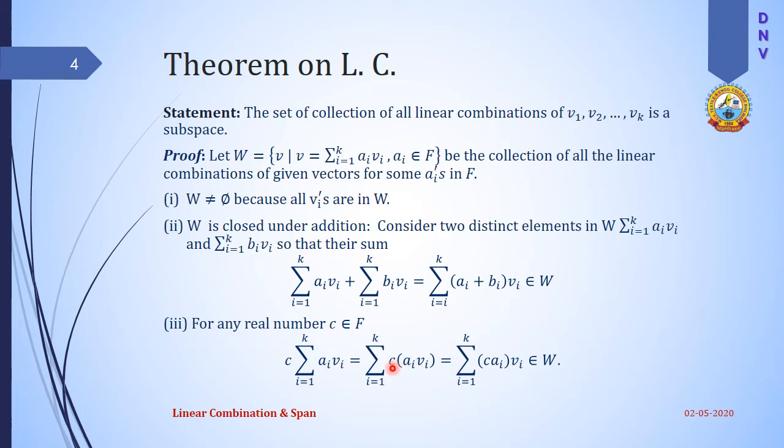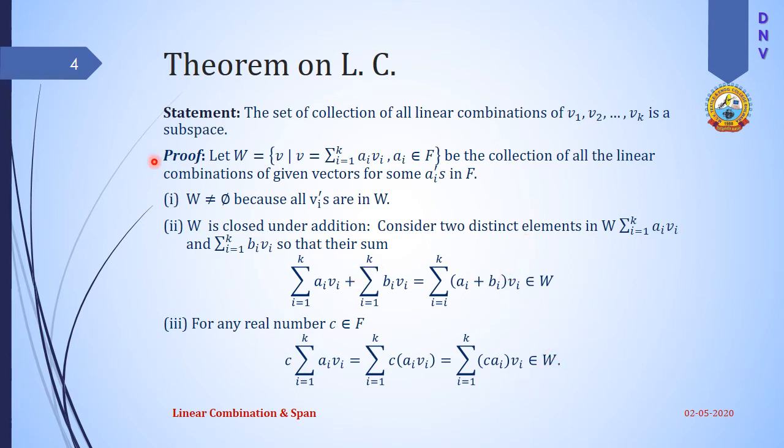So I can write it as c ai, meaning multiplying two real numbers first and then multiplying by vi, or we multiply this vector by these two real numbers one by one. It is one and the same thing. So I can write c times the summation of aivi equal to the summation of c ai times vi. So this is again a linear combination of these vectors vi, and hence it belongs to W. So all three criteria are met here.